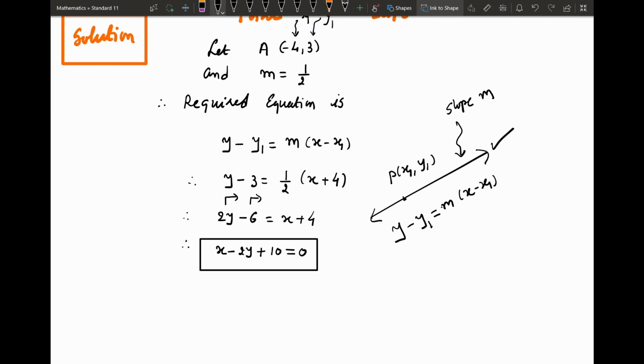This is the well known point slope equation. Frequently we will use this equation when the slope is known and one point of the line is known. So next time we will discuss more examples.